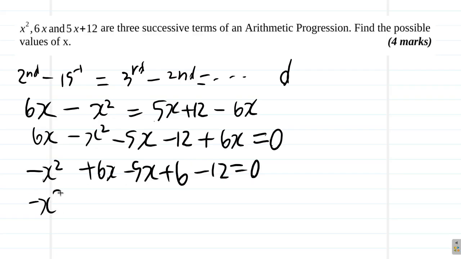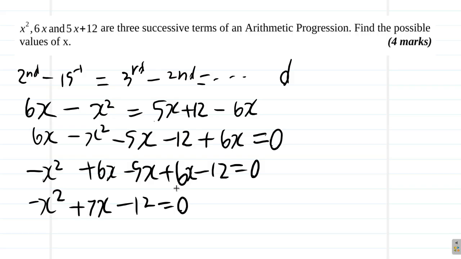So you have negative x squared. 6x minus 5x is 1x. I left off the x from this 6x. So 6x minus 5x is 1x. 1x plus 6x is 7x. So plus 7x minus 12 equals 0. Okay.